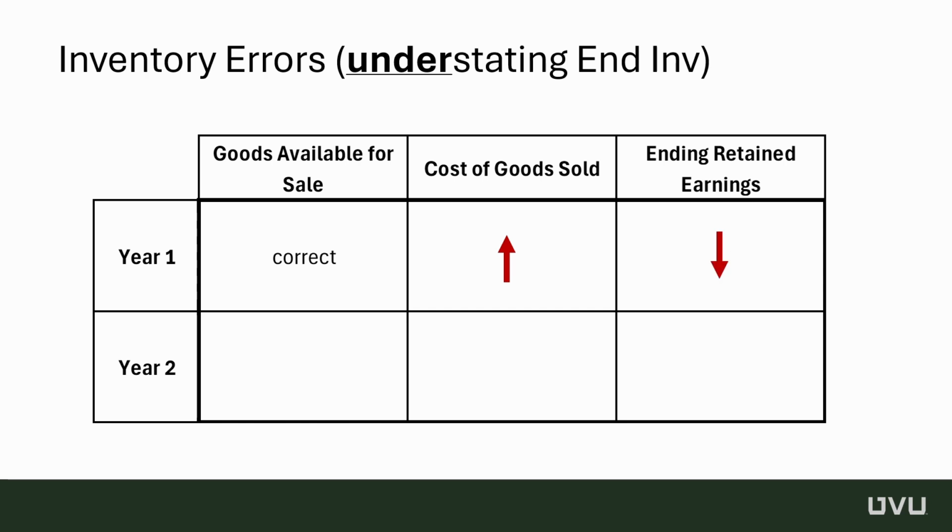The error carries through to year 2, where now goods available for sale is understated, as is cost of goods sold. And even though net income is overstated for the period, the ending balance for retained earnings will have self-corrected at this point. Typically, students need a fair bit of additional practice to nail this down, and we'll have plenty of time to do that soon.